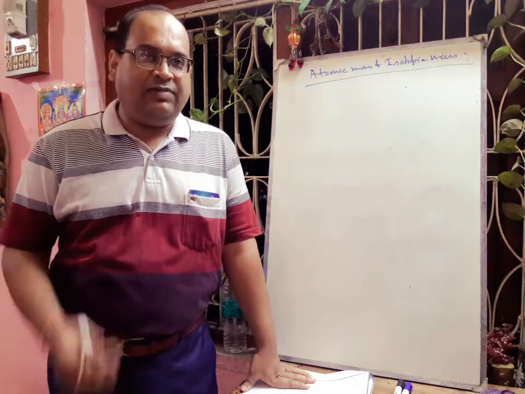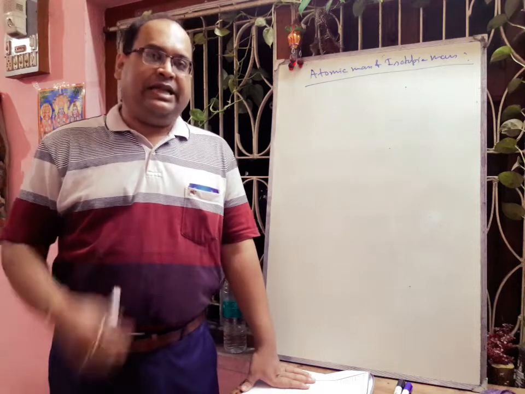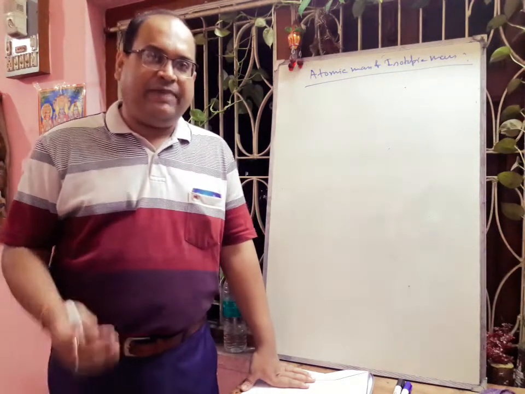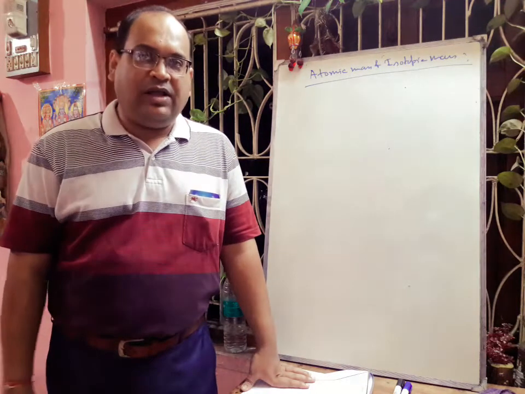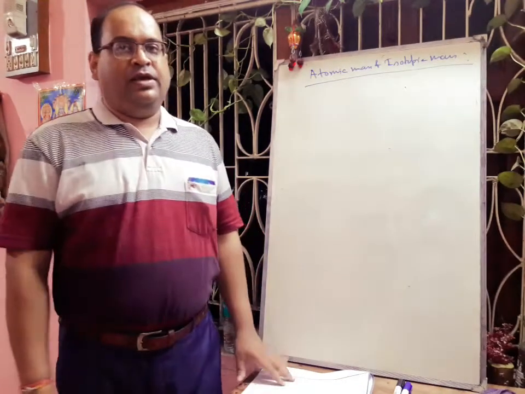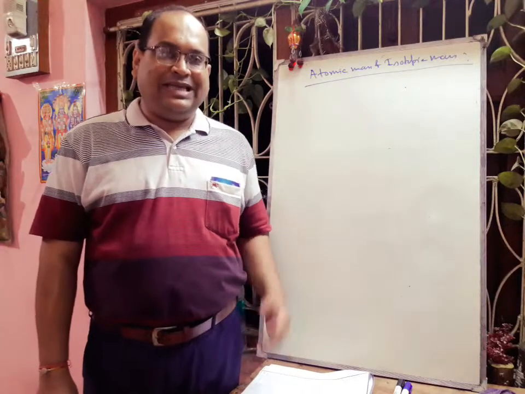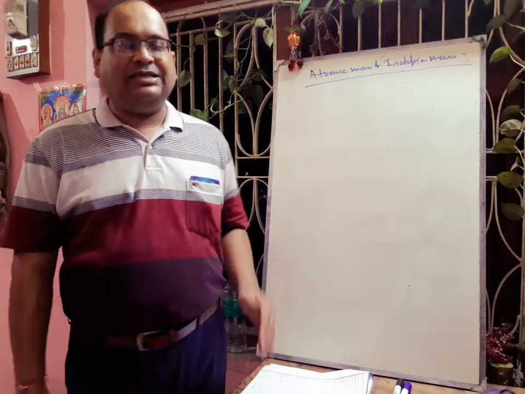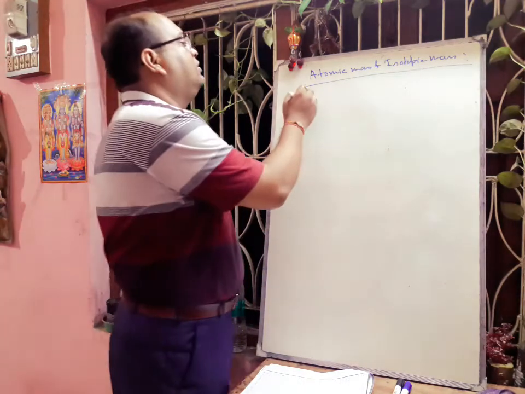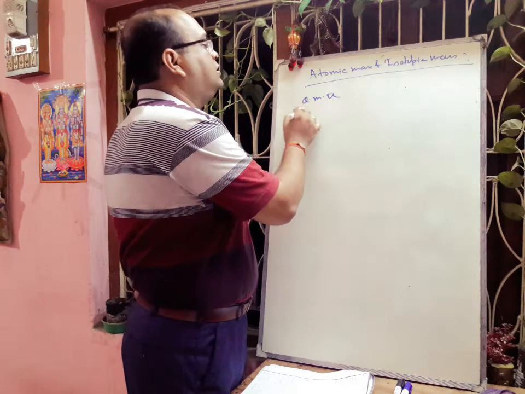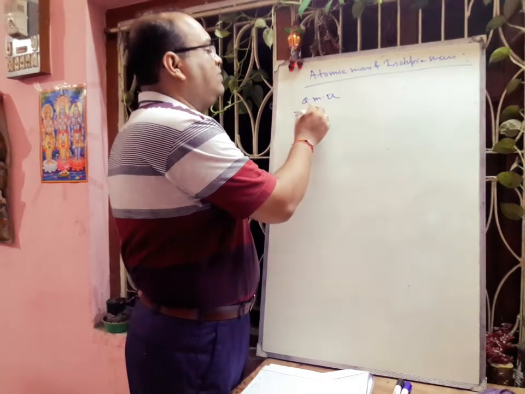So what will be the atomic mass? Atomic mass will be the ratio of the mass of one atom of the element divided by the mass of 1/12 of an atom of carbon, that is C12. Okay. So atomic mass is a ratio. It has no units. Generally we write the unit as AMU, so it is called atomic mass unit.